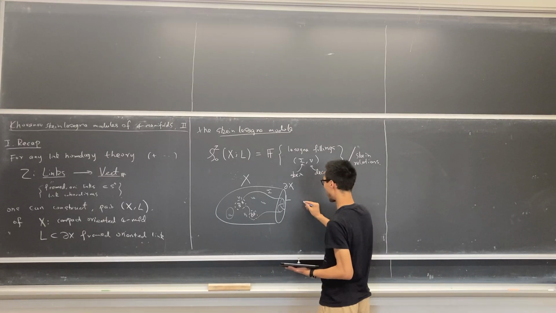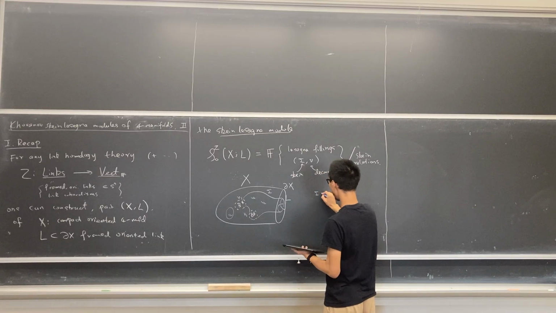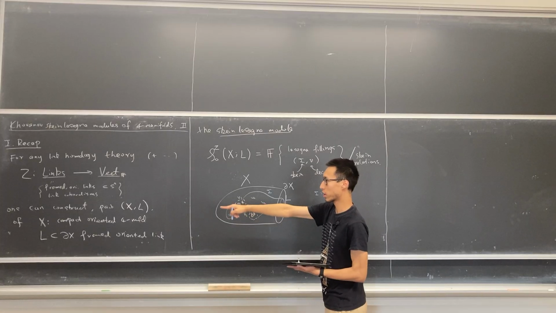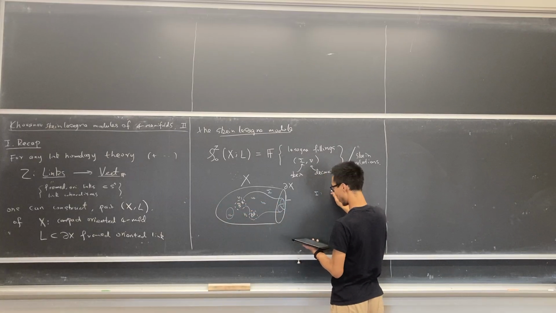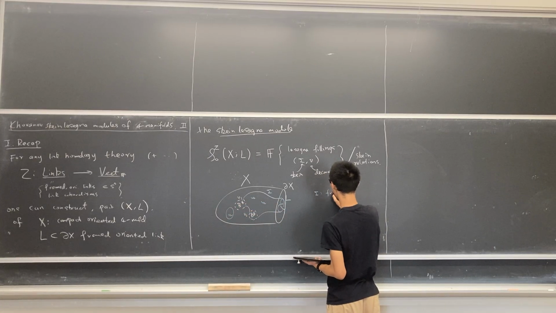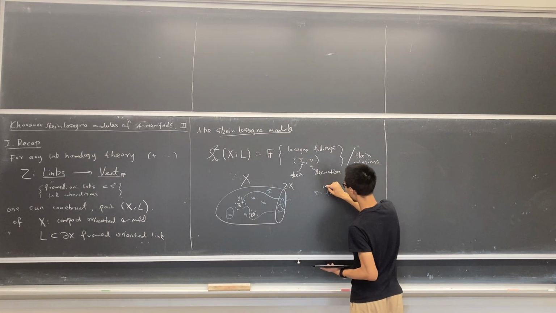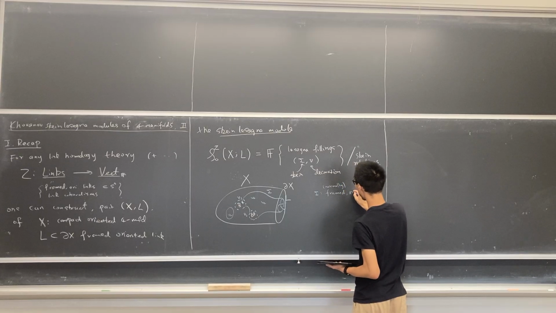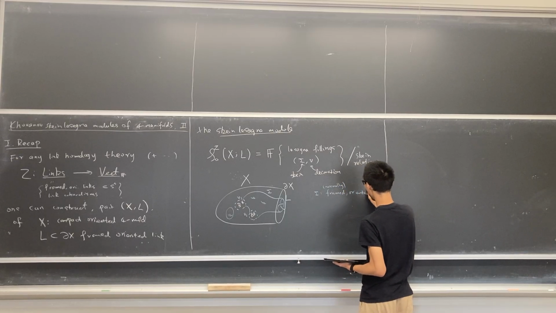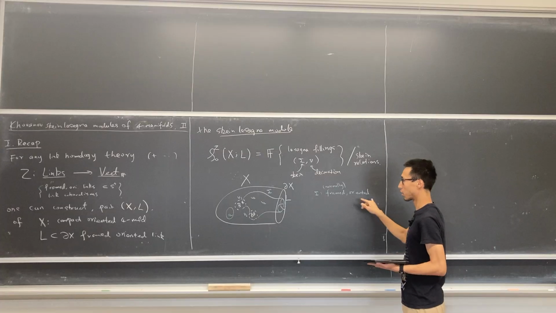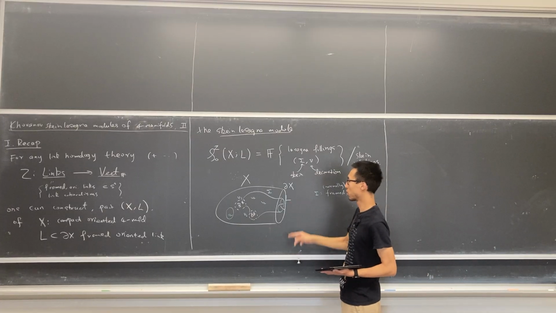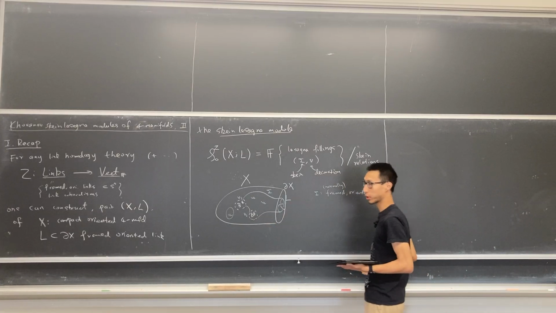Since I'm orienting and framing everything, the surface sigma is taken to be framed. Here framed refers to normally framed and oriented in a way compatible with the boundary data.